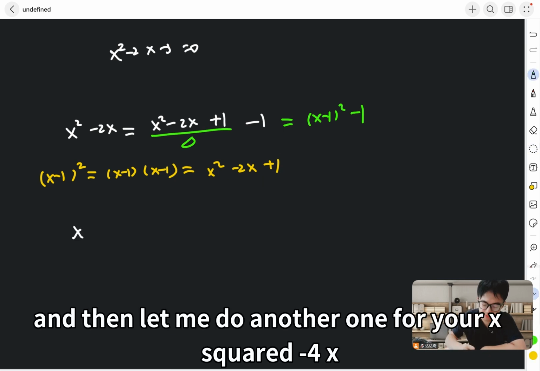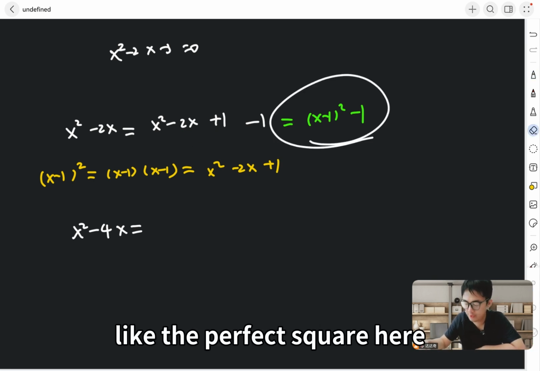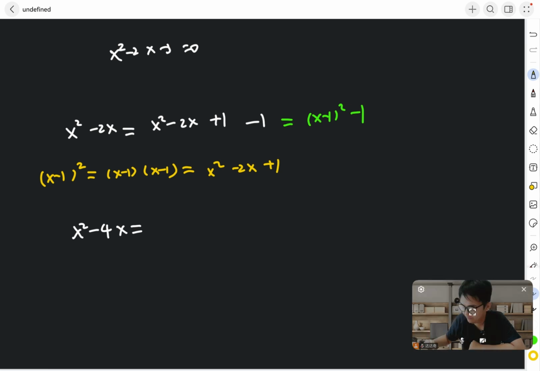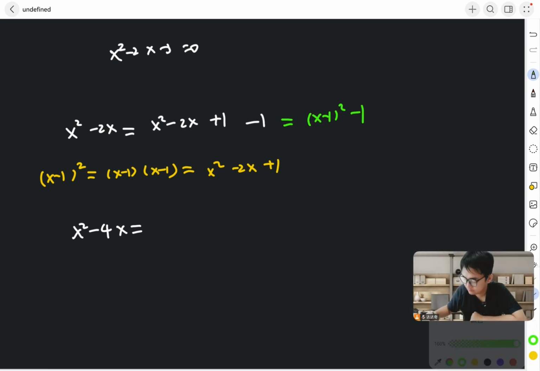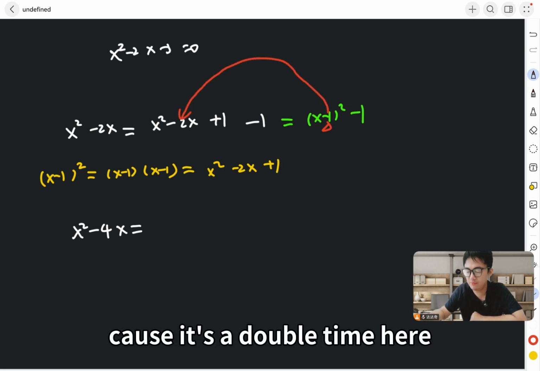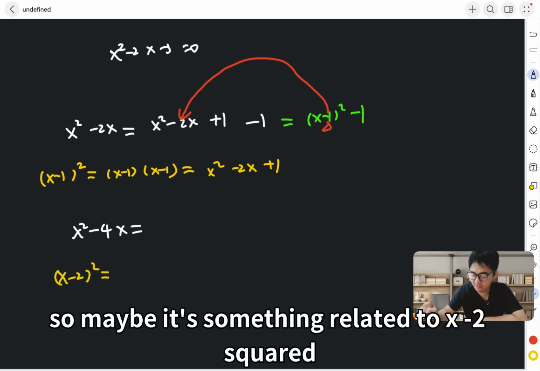Then let me do another one for you, x squared minus 4x. How do we make a perfect square here? Well, you need to observe, you see, this minus 1 corresponds to minus 2 here, because it's a doubling relationship. And I could think of it from the opposite direction, so maybe it's something related to (x minus 2) squared.